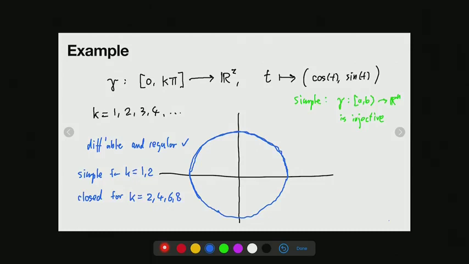Because if k is even, we always end up with a full circle. If k is odd, we always end up on the other side. So if k equal 1, we end up on the other side. k equal 2, okay, we do a full circle. k equals 3, k equals 4, and so on.